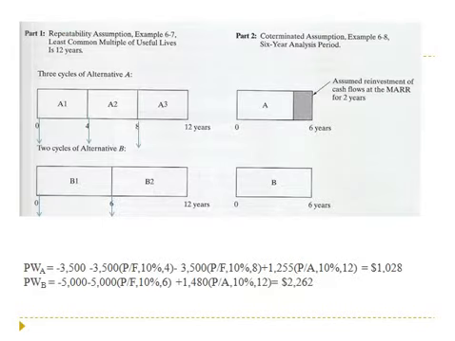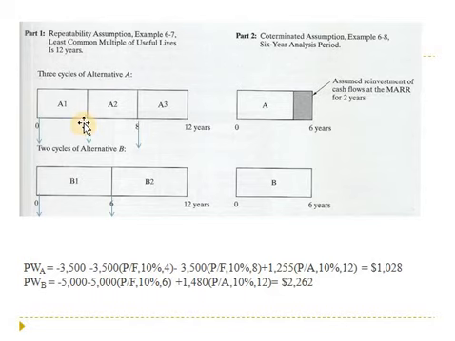Now if I decide to choose the method of repeatability assumption, what do I mean by repeatability? This means that I'm repeating the investment. Suppose this is alternative A. It has a life of 4 years, so it's only going to live for 4 years.